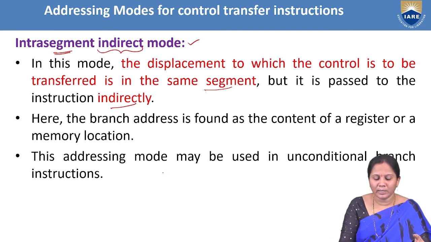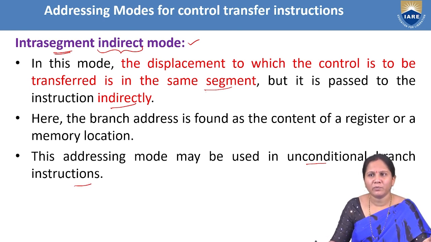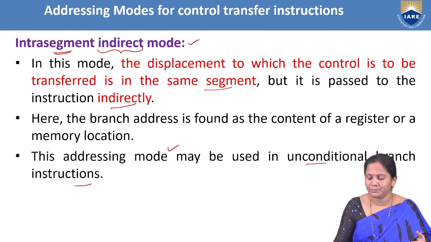This type of addressing mode will be used in unconditional branch instructions. We have two types of branching instructions, conditional and unconditional. Unconditional branch instructions means the branching operation will be performed even if the condition is not satisfied. So in such cases only this type of addressing mode will be used.